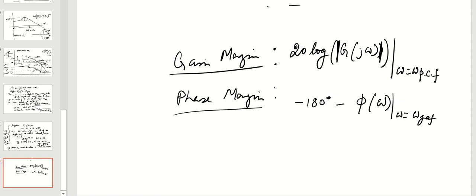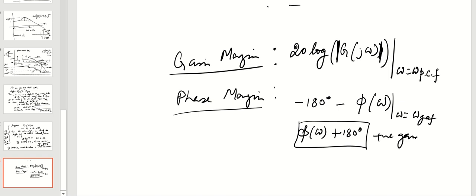In fact, if you define it this way, then a negative phase margin is something that seems desirable. But this is really a matter of taste, and you can also define this to be phi of omega plus 180 degrees. In this case, positive phase margin is desirable.